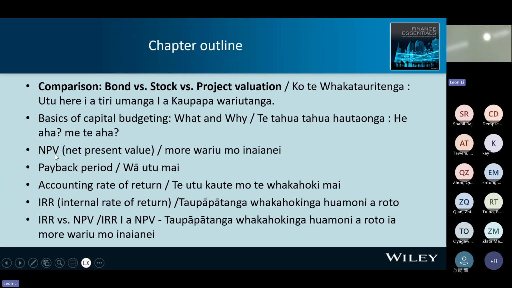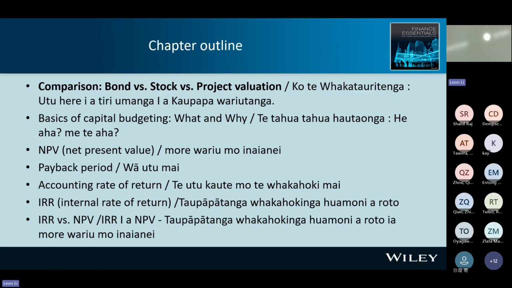Next, we will show you the NPV, net present value. For me, net present value should be an easy topic for our students. So I will focus on the other methods for projects: payback, accounting rate of return, then IRR. Our focus will be on these other methods.